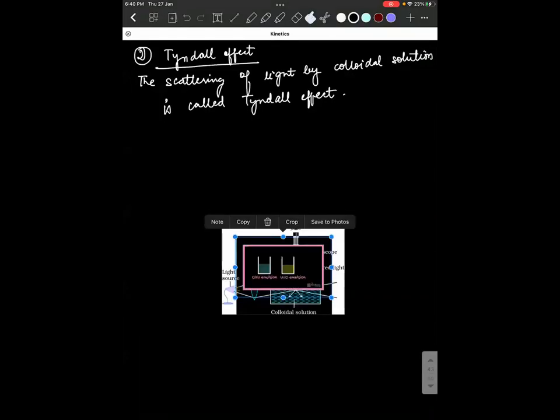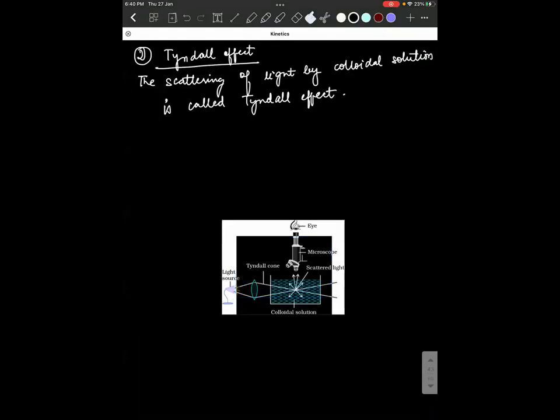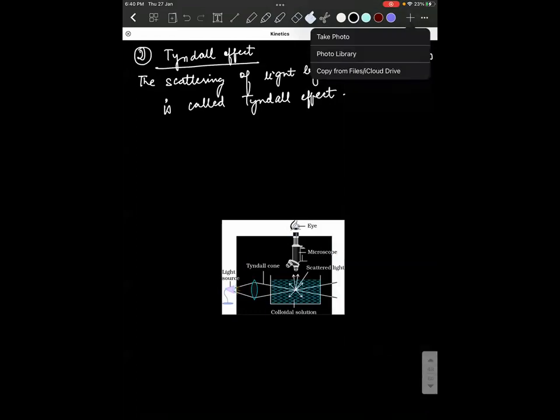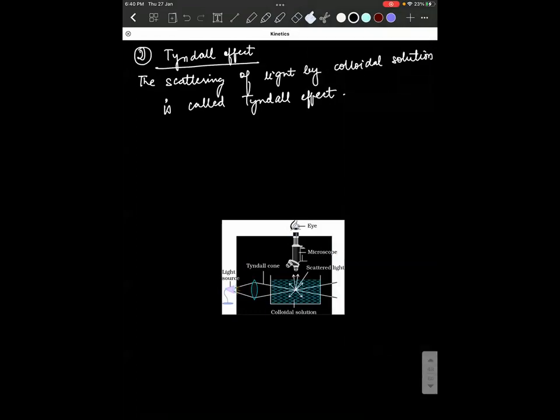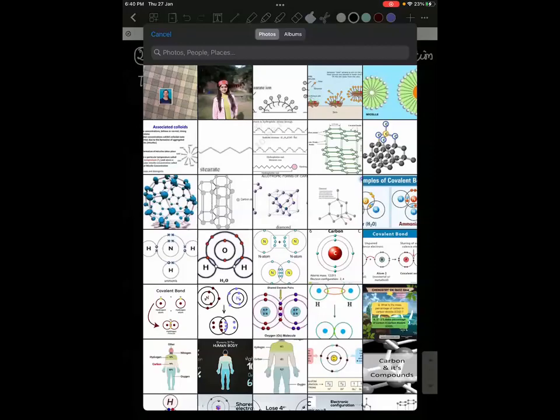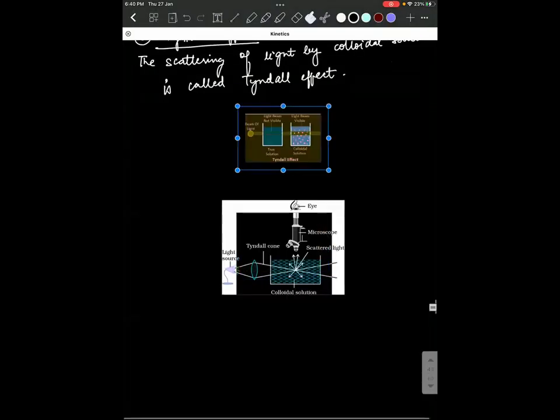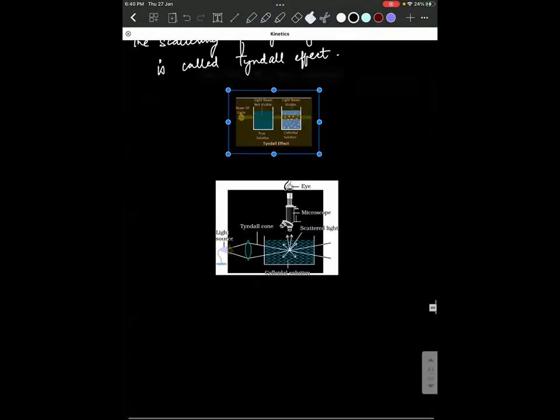Okay, not this. This diagram from your NCERT. We will be seeing this afterwards.